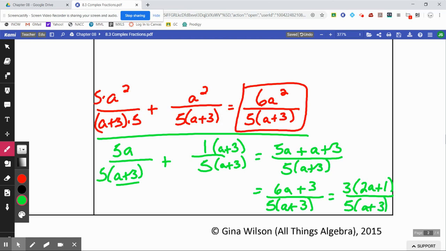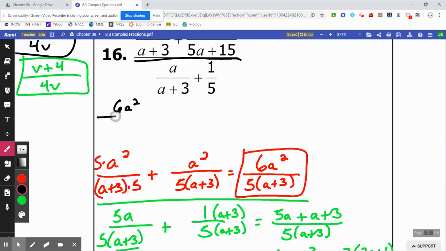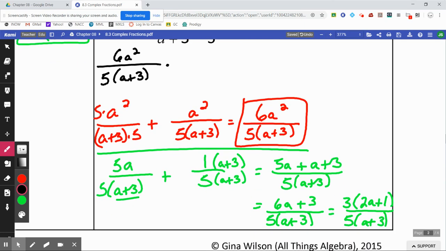Now, we've got to divide the two because, again, the problem says the top divided by the bottom. So let's take the top, which was 6a squared over 5 parentheses a plus 3. To divide, you're going to flip and multiply by the bottom, which is now 5 parentheses a plus 3 on top, and 3 times 2a plus 1 on bottom.